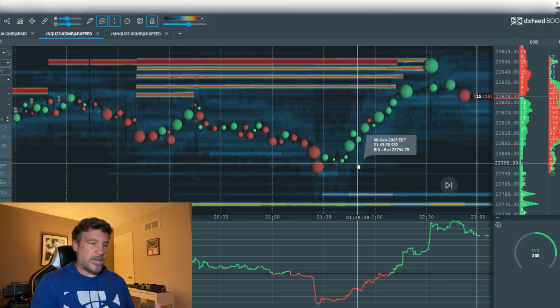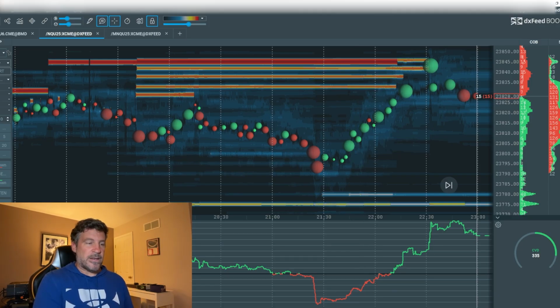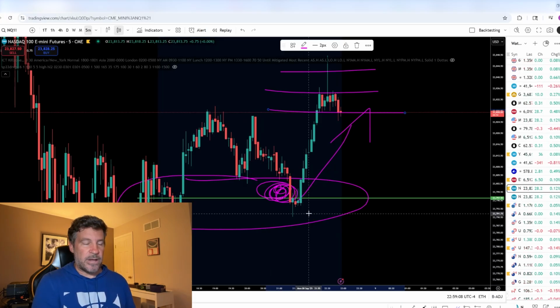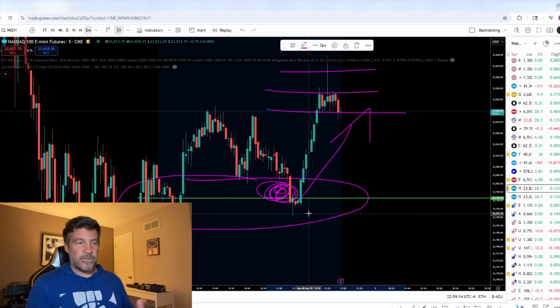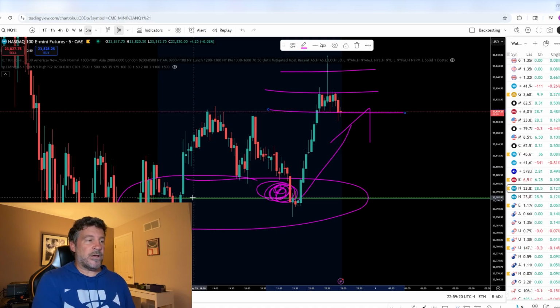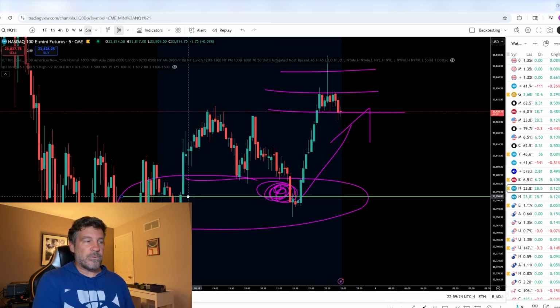So what does this mean for me as a trader when I come over to TradingView now and I look at different areas of confluence here? So pick your favorite indicator. Pick your favorite setup, whether that's fair value gaps, whether that's VWAP, it really doesn't matter. Pick your favorite confluence. In this area, this green line right here, this is where all that was going on.